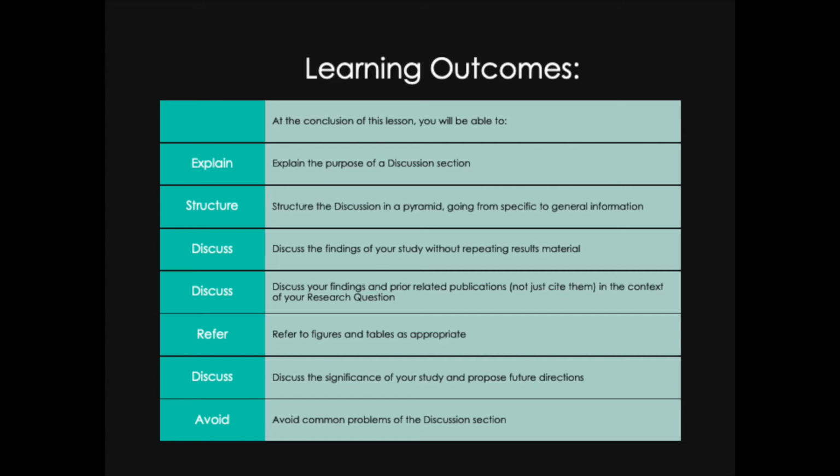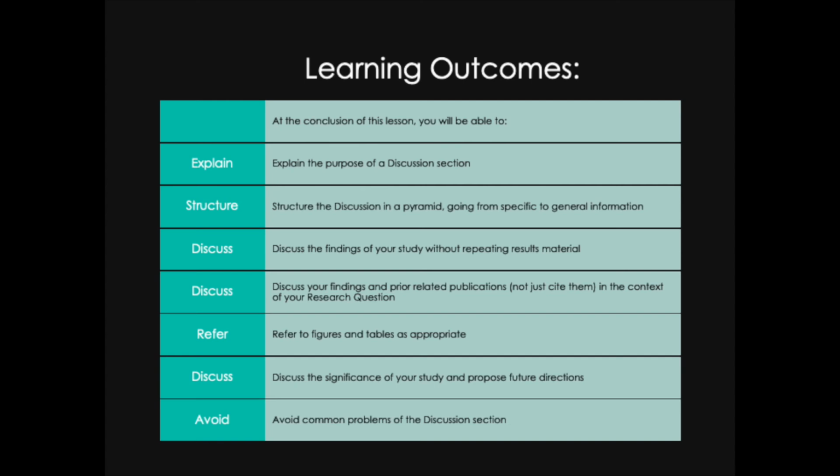As we wrap up this lesson, let's take a look back at the learning outcomes. At the conclusion of this lesson, you will be able to explain the purpose of a discussion section. You'll be able to structure the discussion in a pyramid shape, going from specific information to general information. You will be able to discuss the findings of your study without repeating the results, and you will discuss your findings and prior related publications.